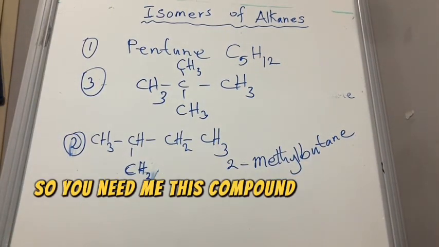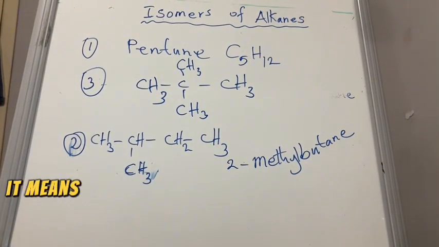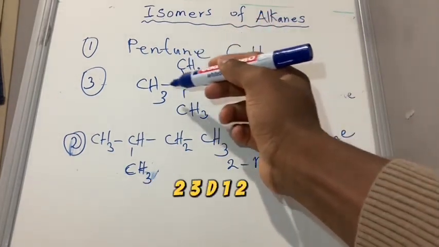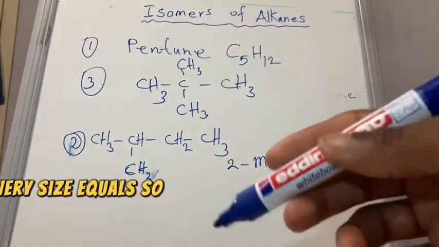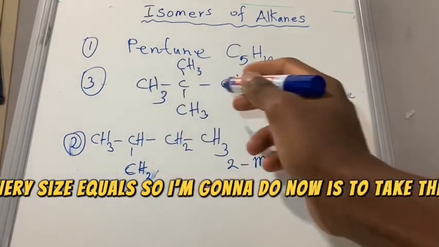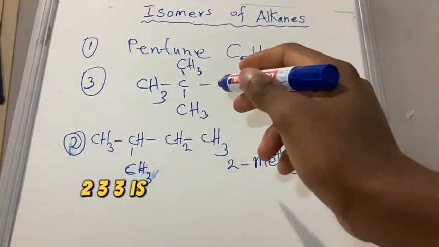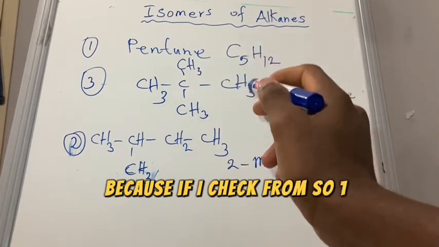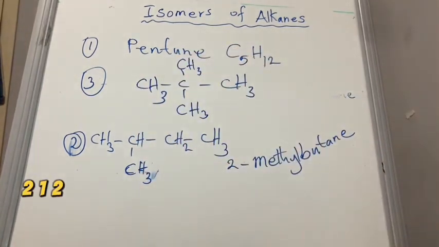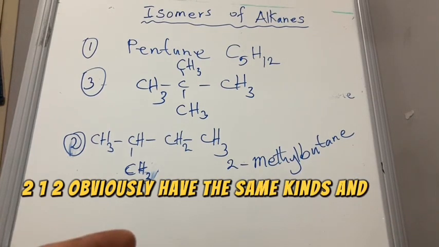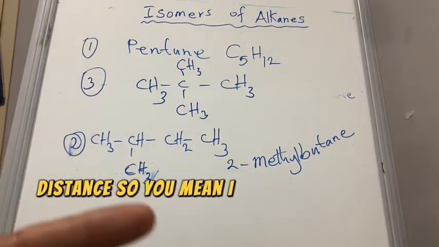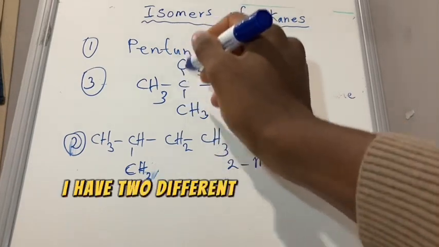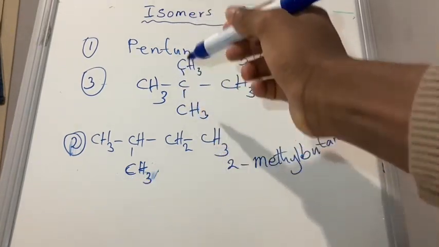In naming this compound, I'm going to check the longest chain: 1, 2, 3, and 1, 2, 3. Every side is equal, so I can take any side. 1, 2, 3: 3 is propane. Checking from either end, I have the same numbering, so I can check from anywhere. On carbon 2, I have 2 methyl groups, up and down.